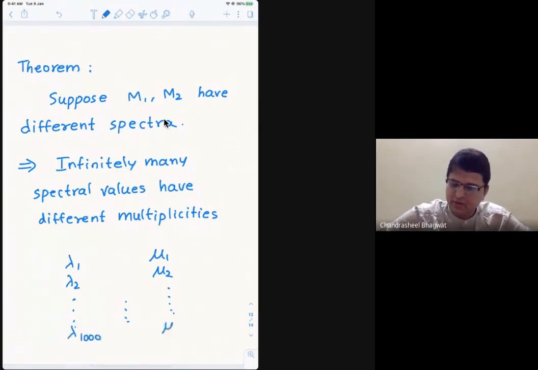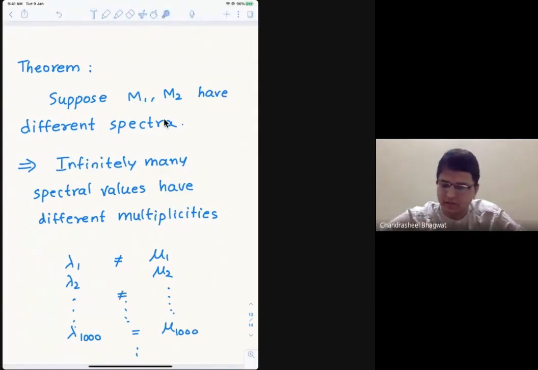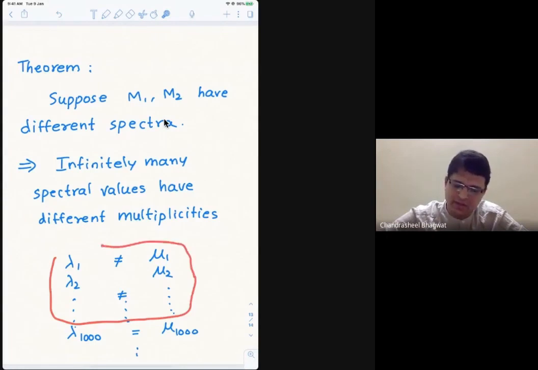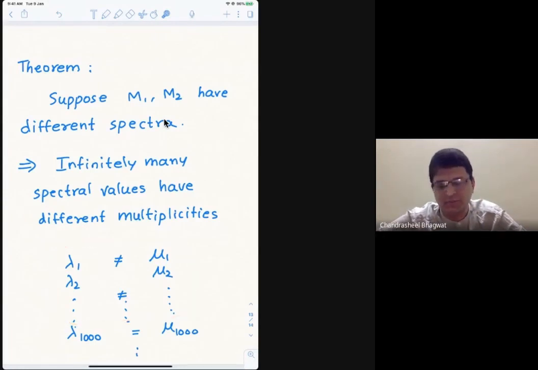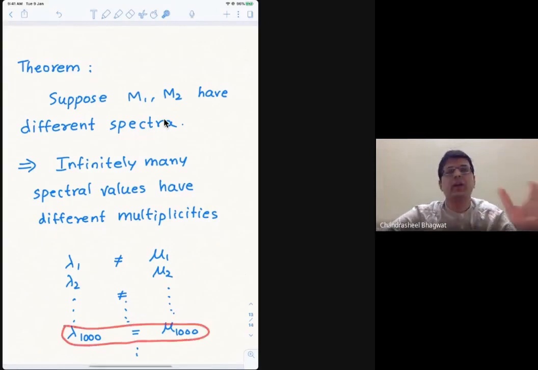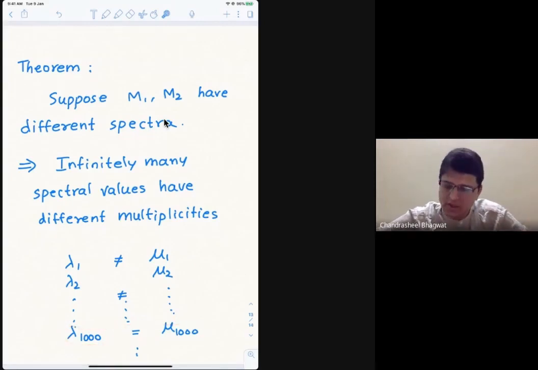Suppose from the 1000th value onwards they are the same, but before that somewhere they may not be the same. Look at this situation: in the first 999 equations, some of them might be false, but from the 1000th and above, all the eigenvalues are the same.